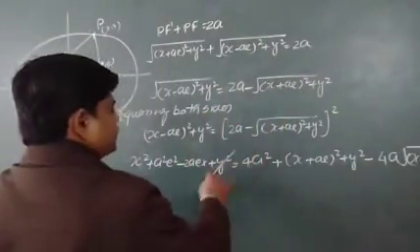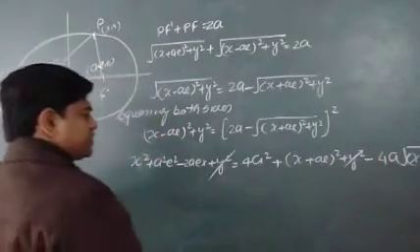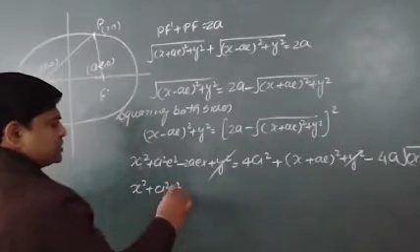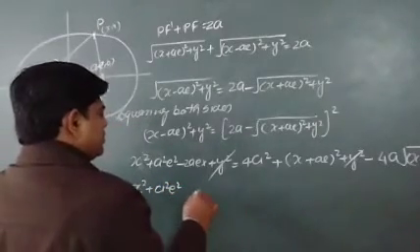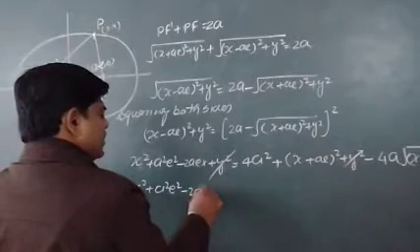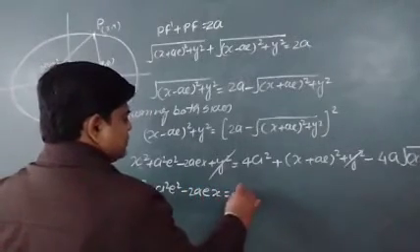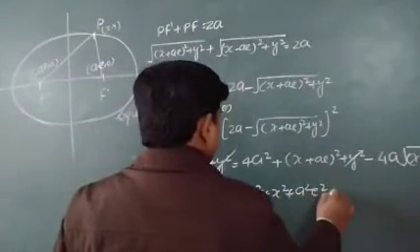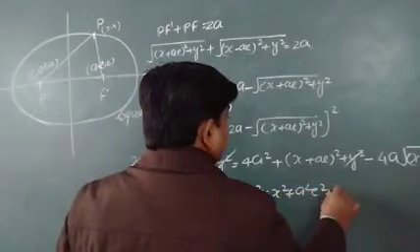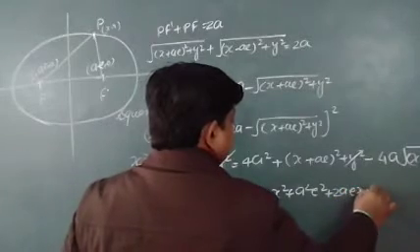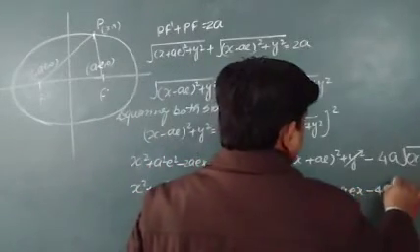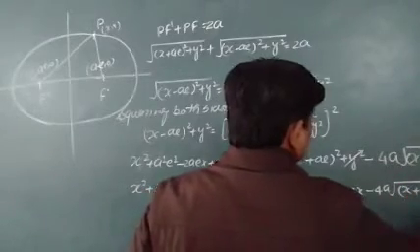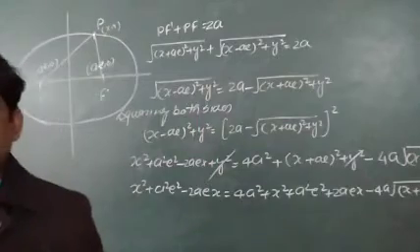Now y square and y square can be cancelled, and the rest of the things I am writing once again: x square plus a square e square, and minus 2aex plus 4a square, then again x square plus a square e square plus 2aex and minus 4a under root x plus a the whole square plus y square. Okay, you are getting everything.